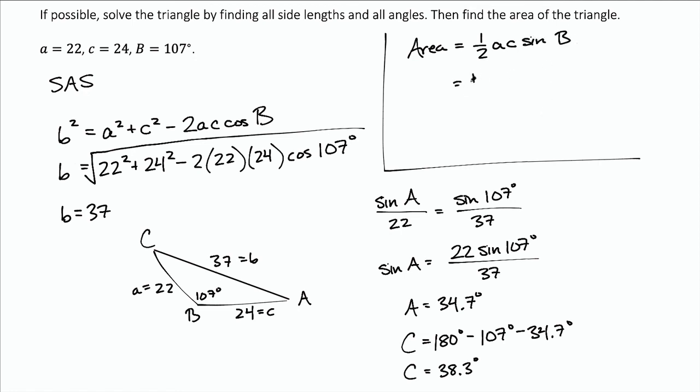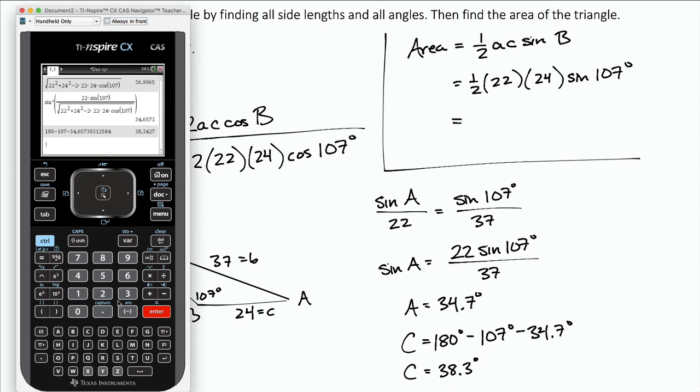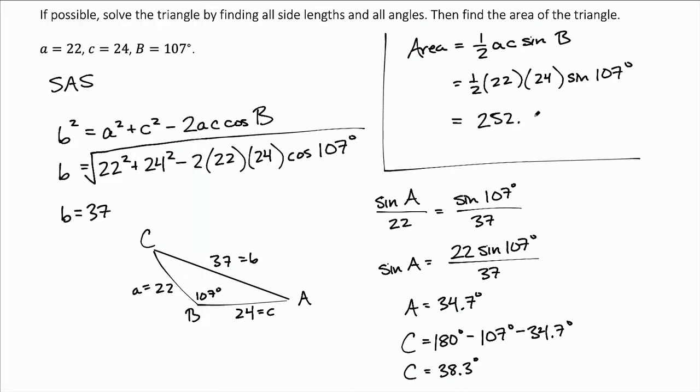And so we can just plug in what we were given initially: 1/2 times 22 times 24 times the sine of 107 degrees. Now if we plug this into our calculator, a half times 22 times 24 times the sine of 107, we get about 252.5.